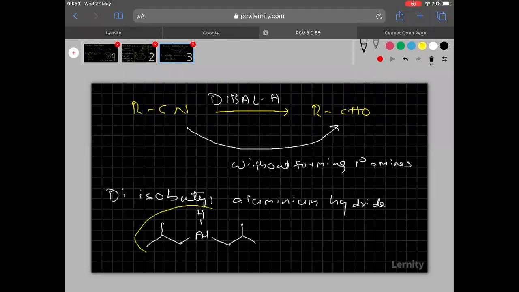This is DIBAL-H, di-isobutyl aluminum hydride. So please copy it quickly, everyone. I hope it is clear.